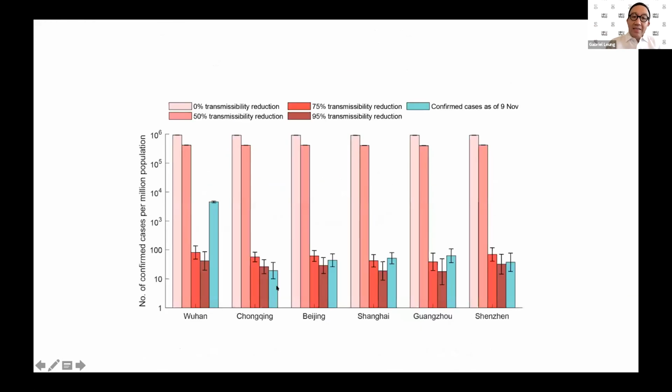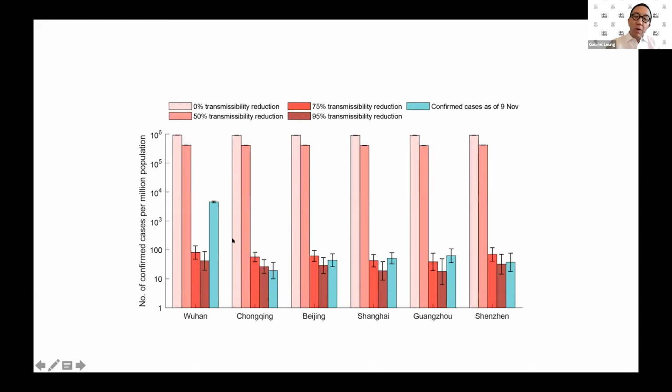And indeed, empirically, by the end of March, when you actually look at the Chinese numbers, you can tell that except for the original epicenter of Wuhan, they were able, through basically a nationwide and within-country lockdown between provinces and cities, to really push the transmissibility reduction upwards of 75% or sometimes even 95%.